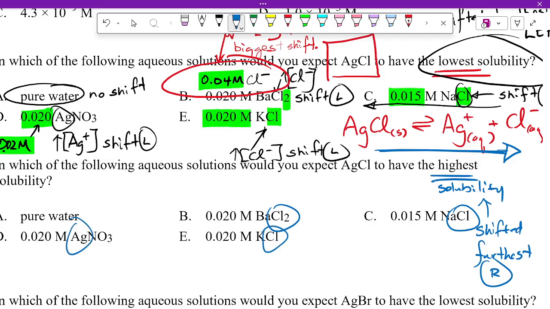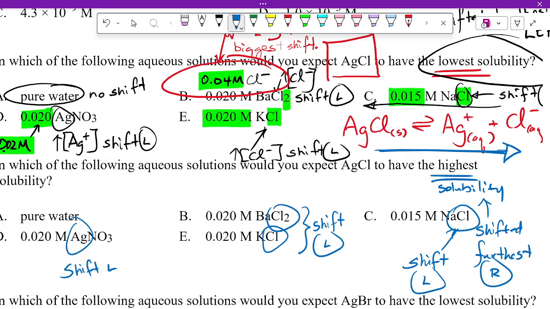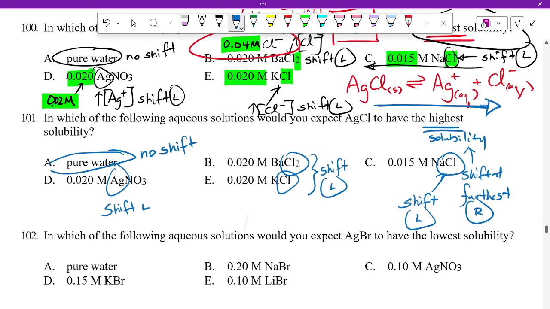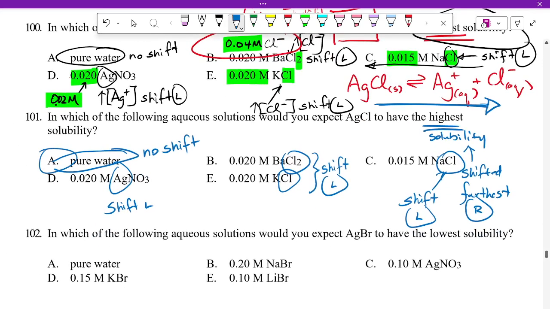Ag will shift it left. Cl will shift it left. So we're left with the pure water, which has no shift, which is not shifting it right, but it's certainly less to the left than with nothing. So it would be the pure water.